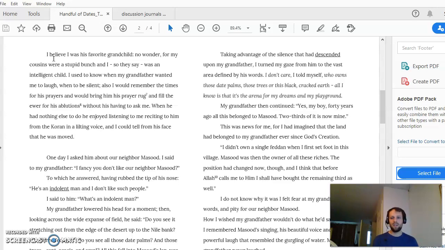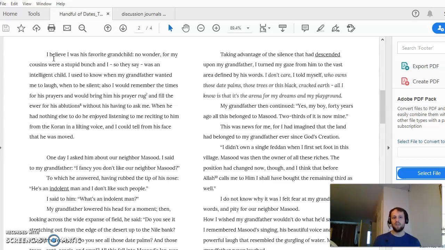One question I think is interesting when you're thinking about the boy is: is the boy naive or is the boy mature? Or is he somewhere in between those two? Because there are parts in this story where the boy is describing himself, his imagination, and how he likes to play.